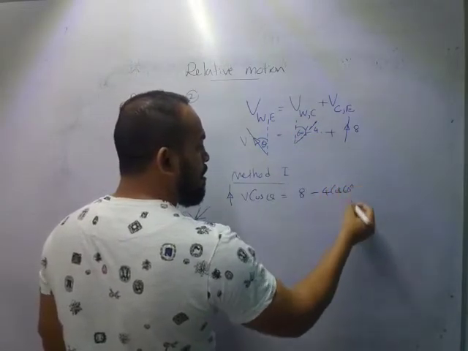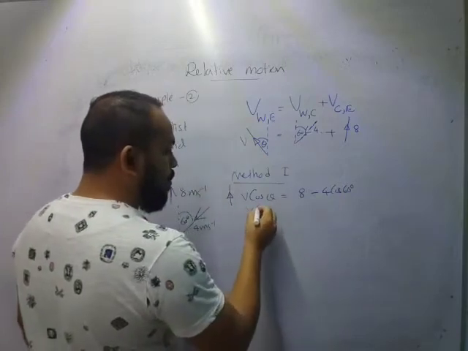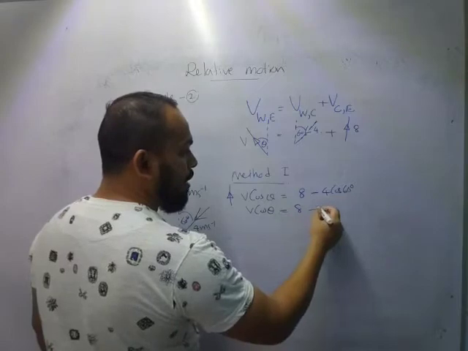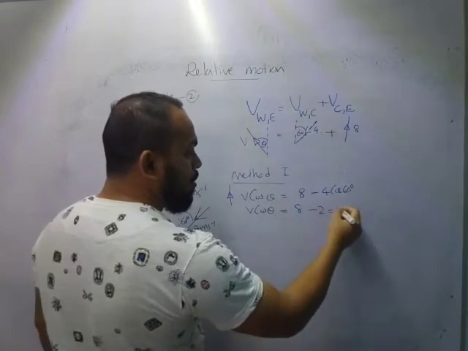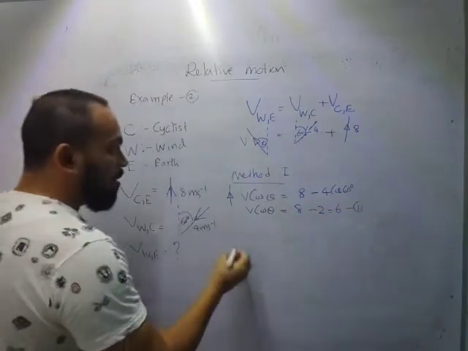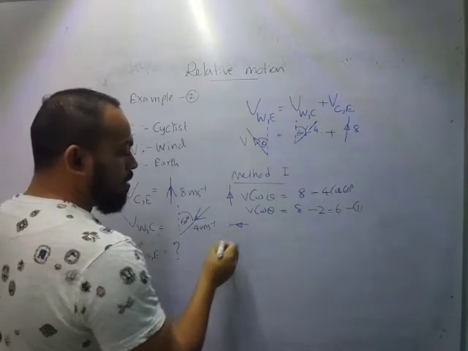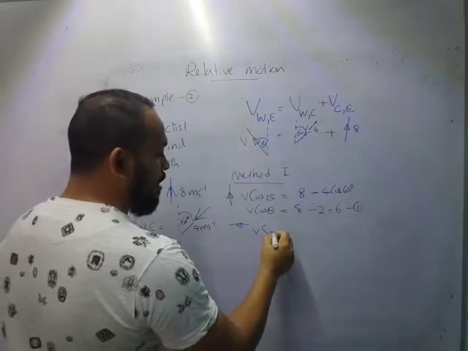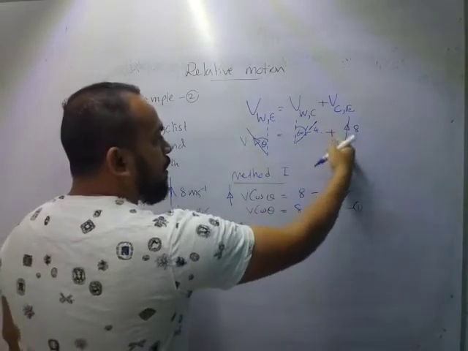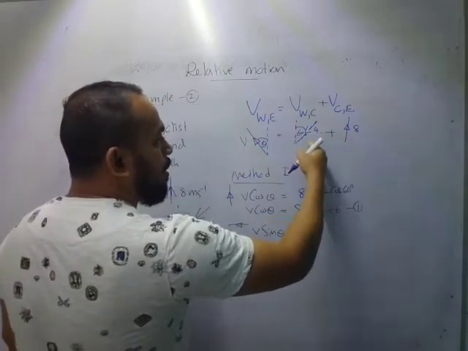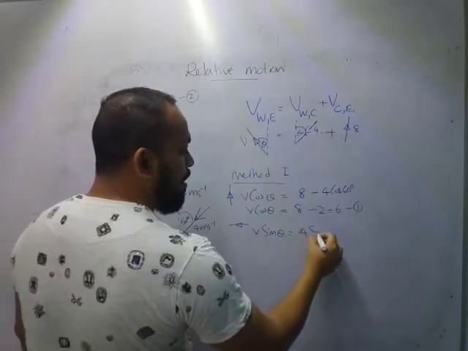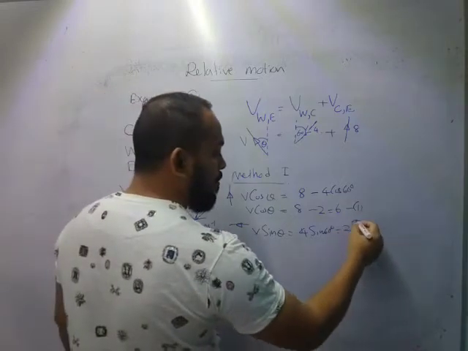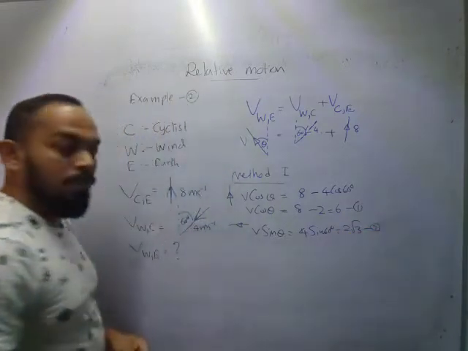So v cos theta equals 8 minus 2, equal to 6. This is equation 1. Then in this direction, if we resolve, we have v sin theta equal to, we don't have any components from 8, only 4 sin 60, which is 2 root 3. This is the second equation.